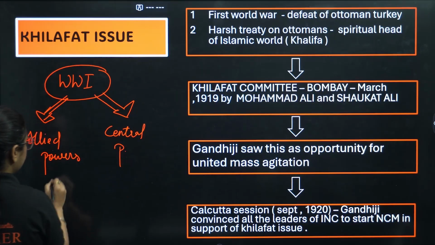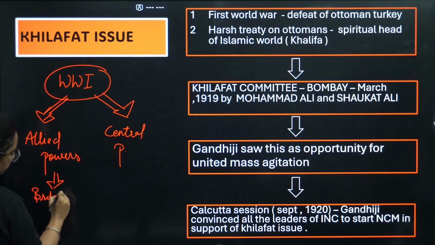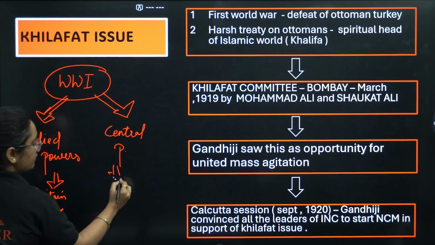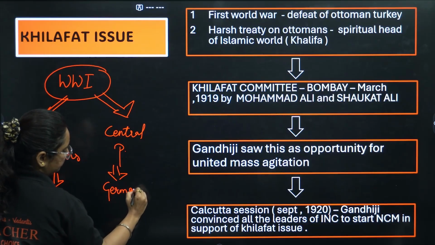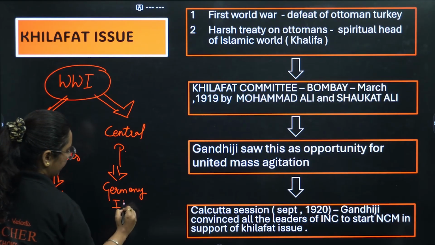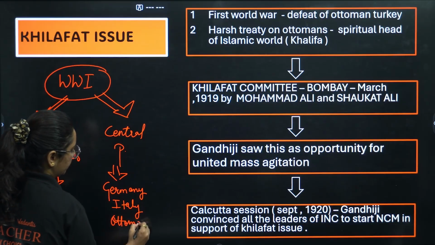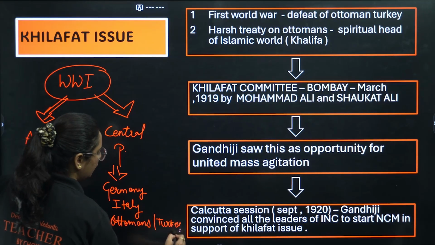In the Allied powers there were countries like Britain, France, Russia, etc. Whereas in the Central powers you can see Germany, Italy, and one more, the Ottoman Turks. Basically, we are talking about present-day Turkey.